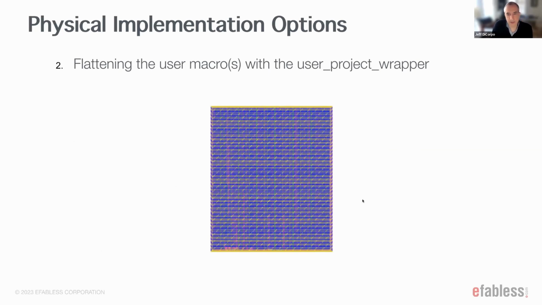Okay, so the second one is a fully flattened example. In this example you can see the blue here represents likely metal 1, and because metal 1 is found in all the standard cells, you're going to see that the entire area is covered with standard cells.